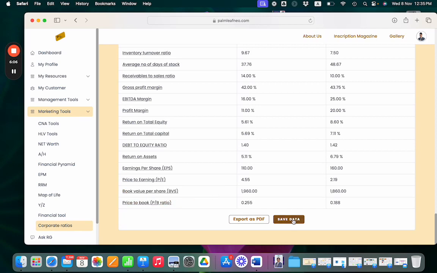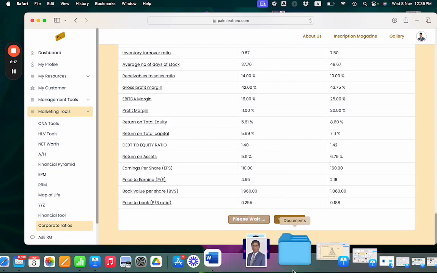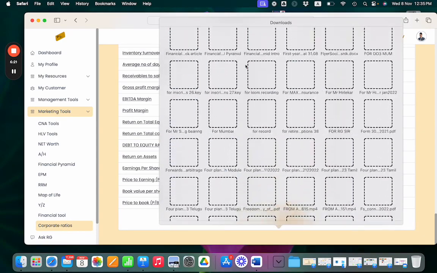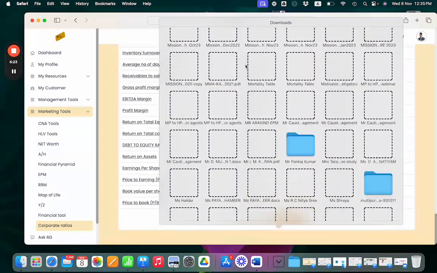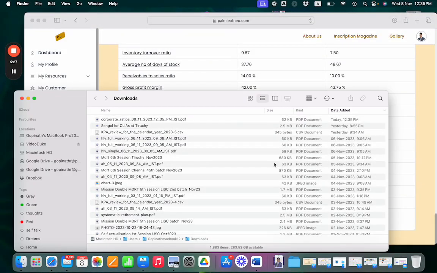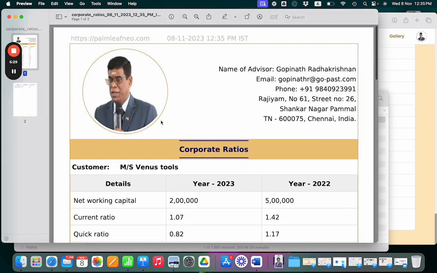And as you do it, save the data. You can export it as PDF so that the PDF file will be available to you and you can forward it to the customer. See, I've already exported the data. Now I can go here, I can open the tool, and from there I can open the file, and then I may choose to send it by WhatsApp or by even email or whatever.